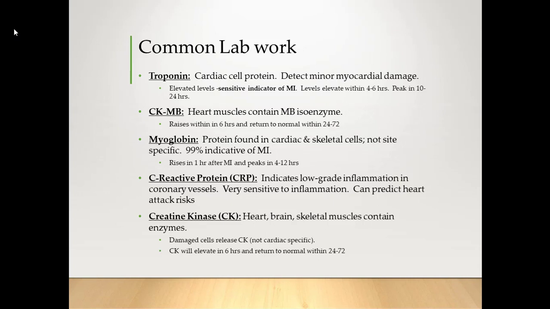The myoglobin actually rises within an hour of an MI, and it's elevated for 18 hours after chest pain onset. The myoglobin is actually one that elevates sooner than the CKMB or the troponin. So the myoglobin might be done if the symptoms are just very, very fresh.